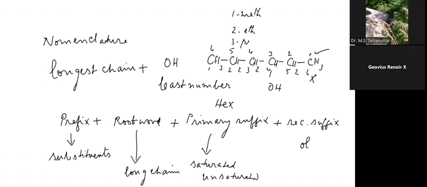For 4 carbons, it is but. For 5 carbons, it is pent. For 6 carbons, it is hex. So hexan, this an, hexane, it is coming from the saturated condition. Hexan, all, hexanol. This is hexanol.